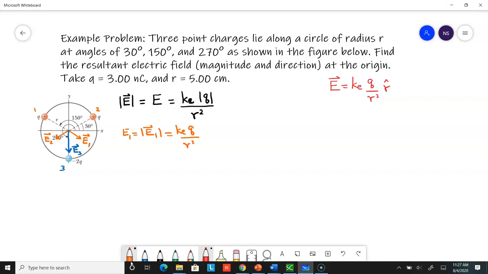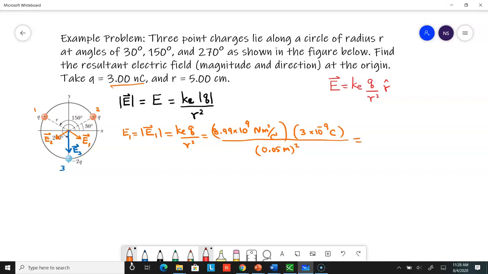Absolute value of Q is just Q, so that's 8.99 times 10 to the 9 newton meter squared per coulomb squared. And then Q is given to be 3 nanocoulombs, so 3 nanocoulombs divided by the square of the distance, and the distance is 5 centimeters, so 0.05 meters squared.